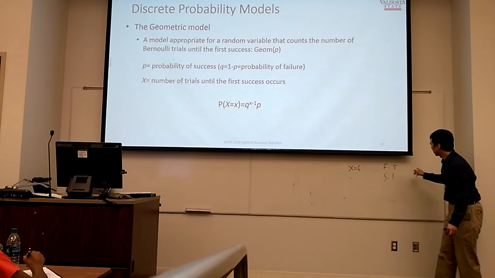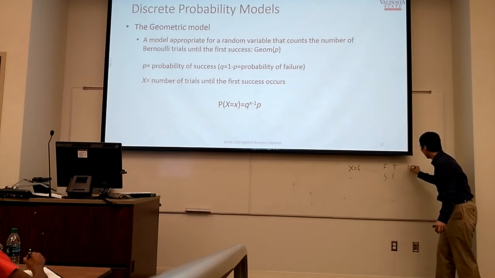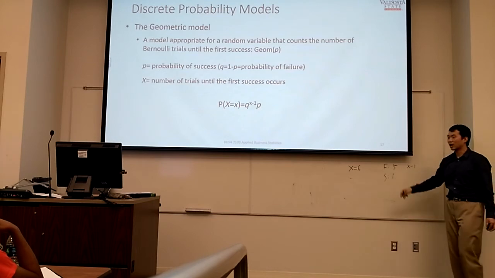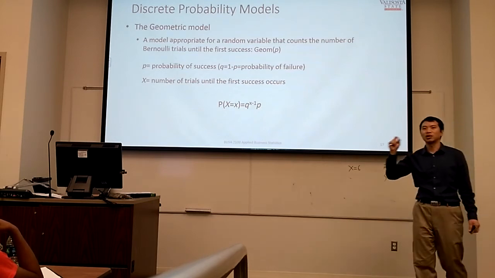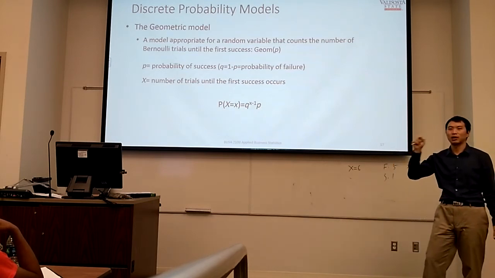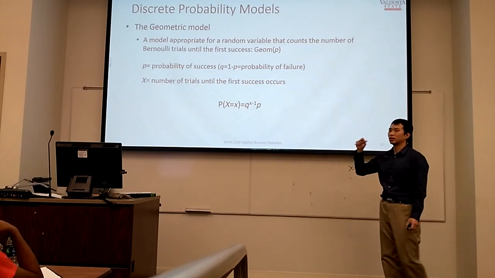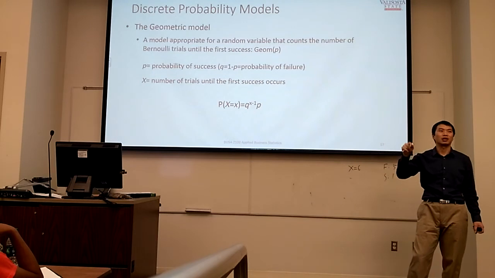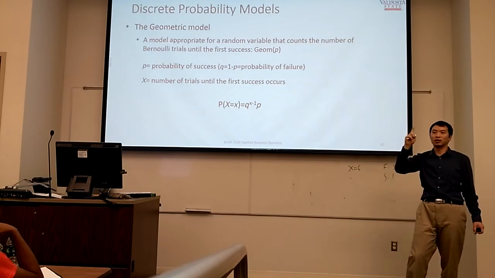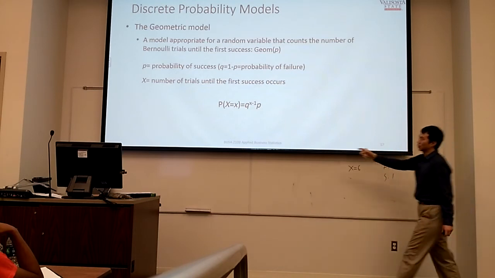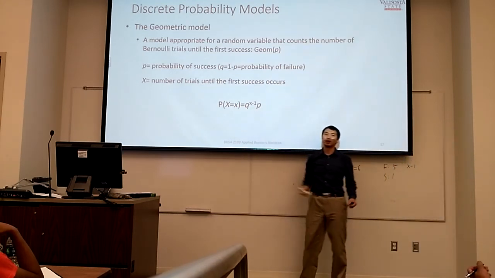So this is X minus 1. If we have a total number of trials X, then the number of failures is X minus 1, because this 1 is our success. We only have 1 success. So that's why we have this model.